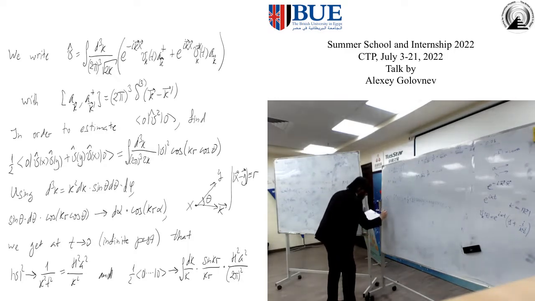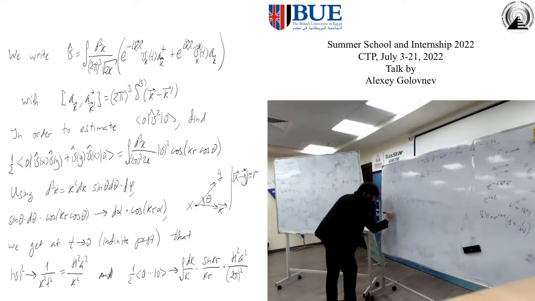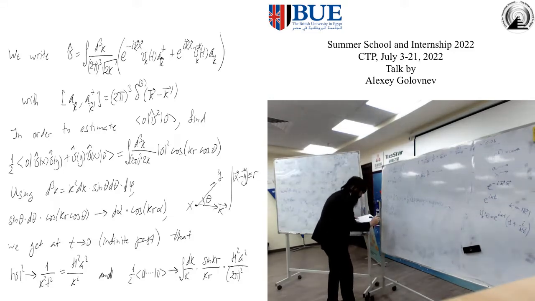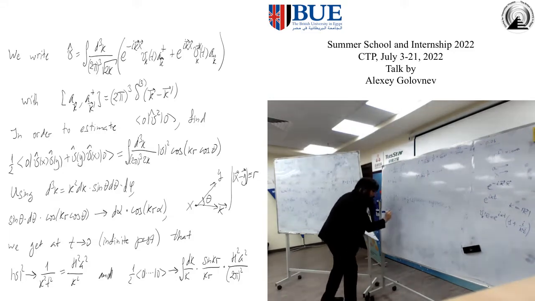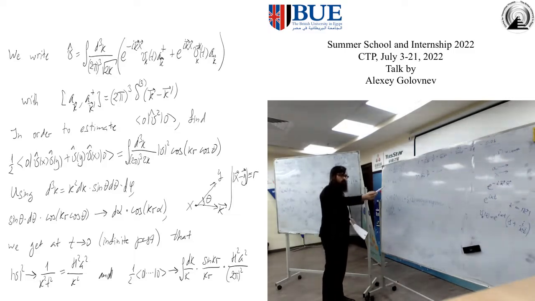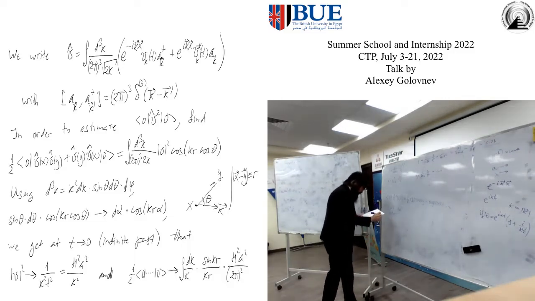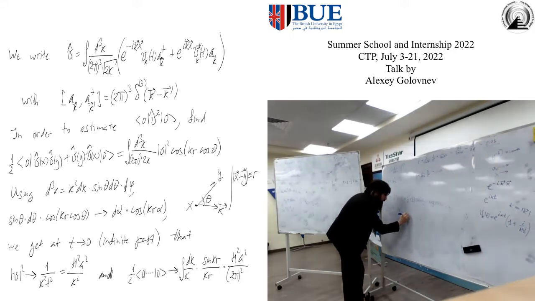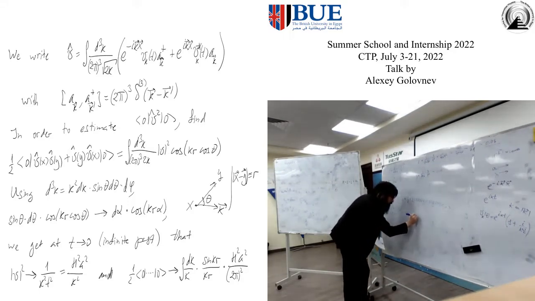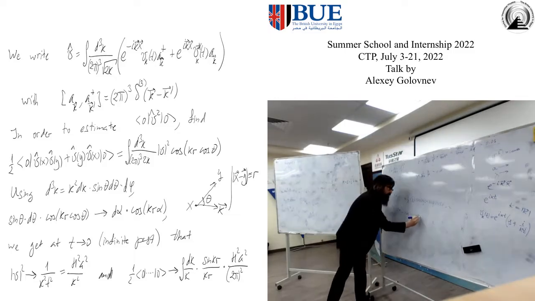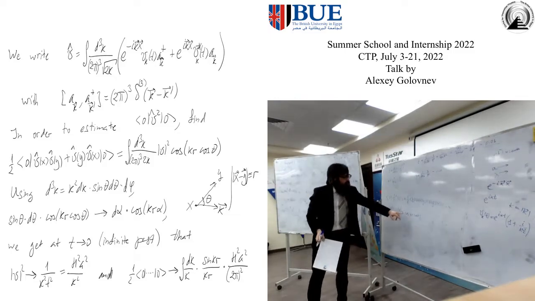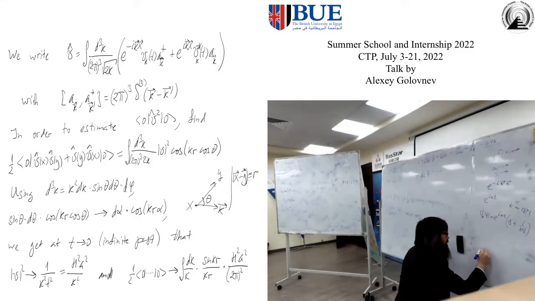d^3k over (2π)^3 over 2k, and then |v_k| squared, this mode which I found there. In Minkowski it would have been just 1. And then multiplied by cosine, let's say kr cosine theta. Here I have to say how I introduced the spherical coordinates: I have here x, I have here y, and the vector from x to y.